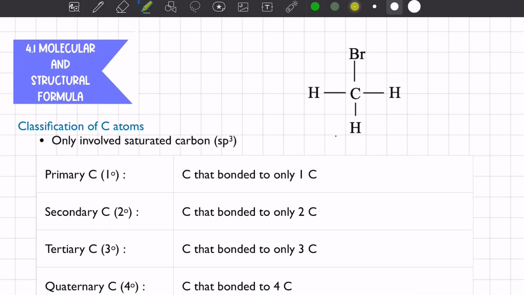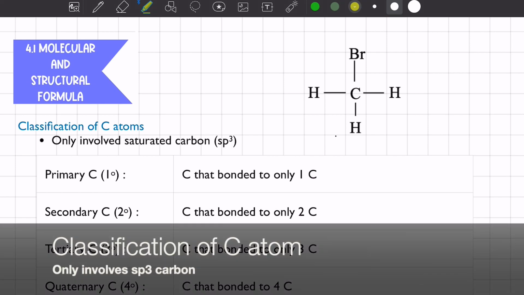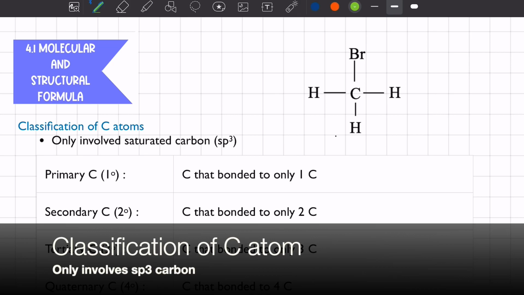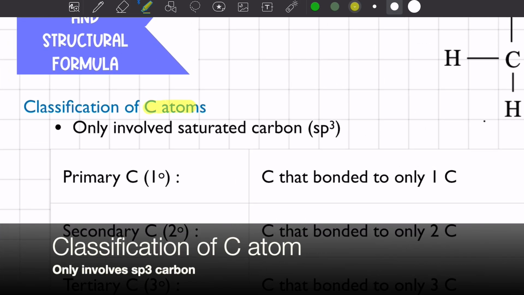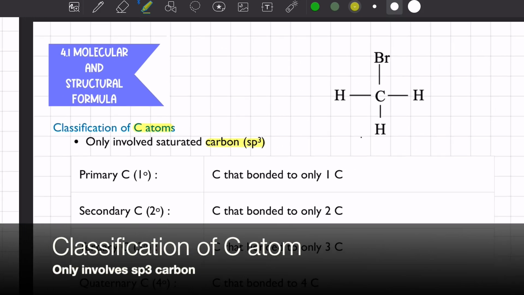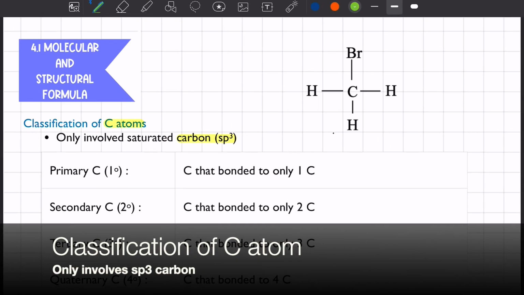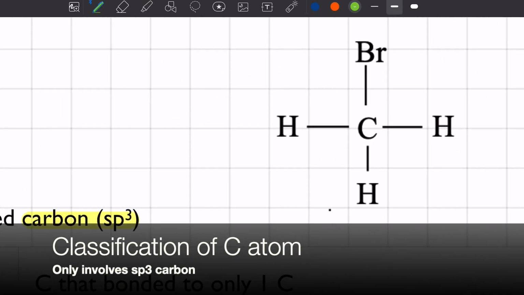Okay? Okay guys, let's move on to the next part, which is classification of carbon atom. Okay guys, so ada satu syarat untuk kita classify carbon atom. So carbon itu mestilah karbon sp3. So macam mana kita nak tahu dia sp3? Basically, kalau carbon tu single bond.